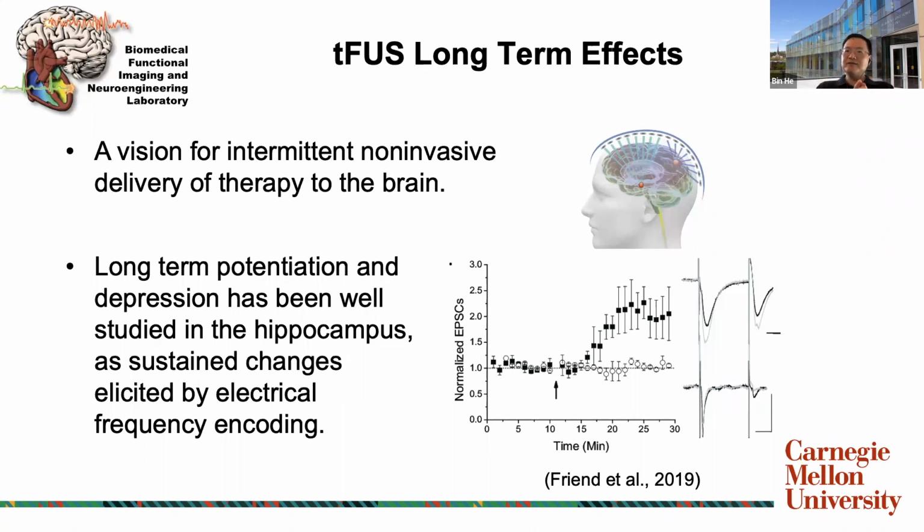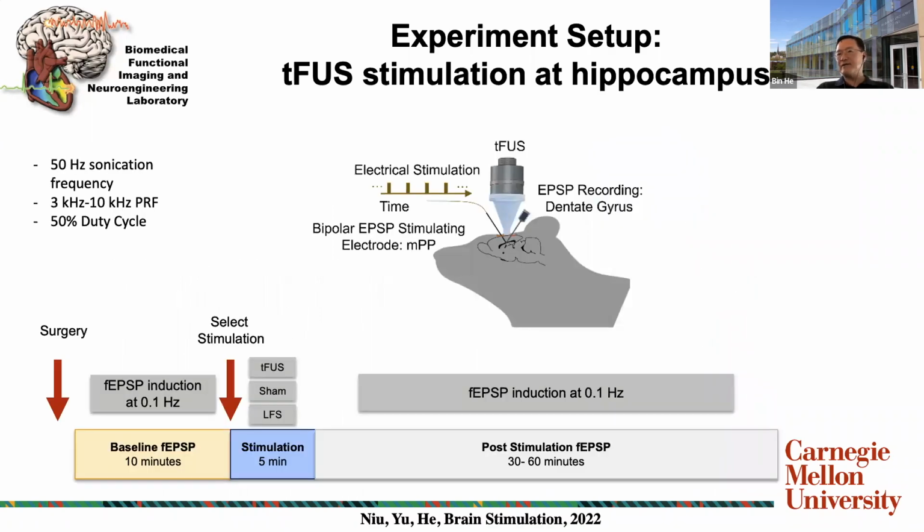So what we use is the long-term potentiation or long-term depression model, which is well established in neuroscience from electrical stimulation. In this case, we do electrical stimulation as a baseline, and after that, we do 5 minutes of ultrasound stimulation or control and compare with electrical stimulation, and then follow up for 30 to 60 minutes with electrical recording to see what the effect would be.